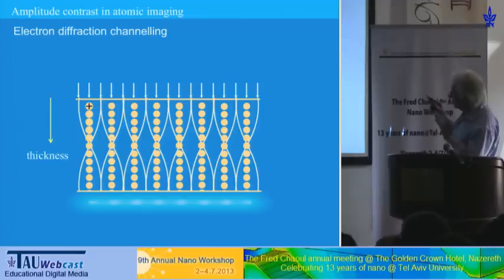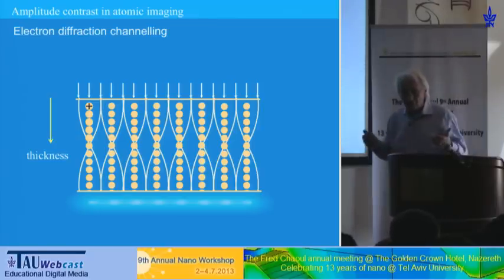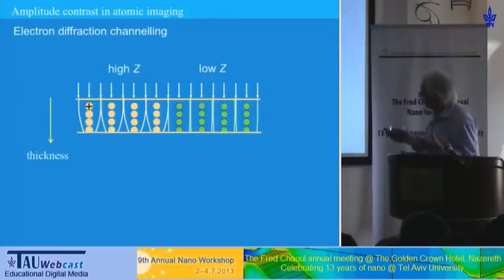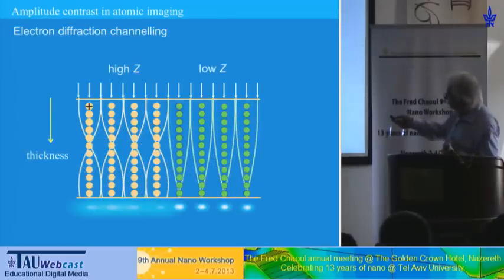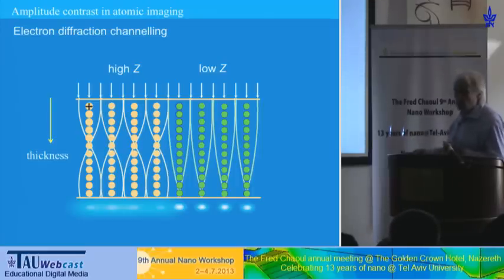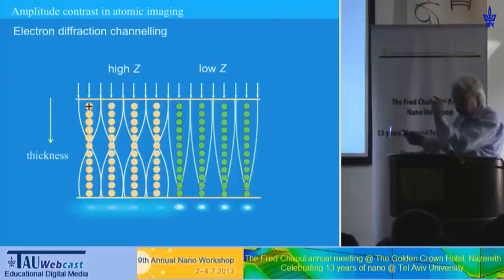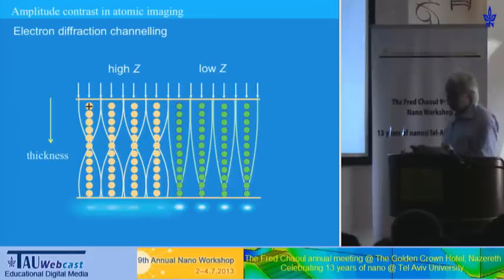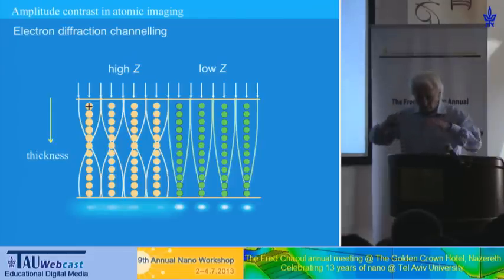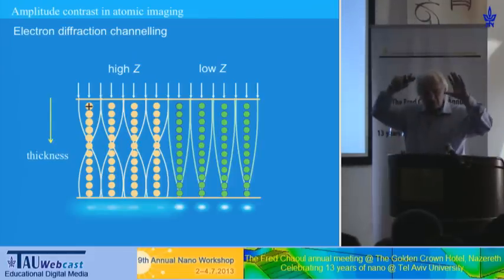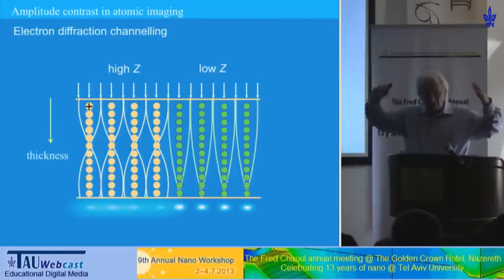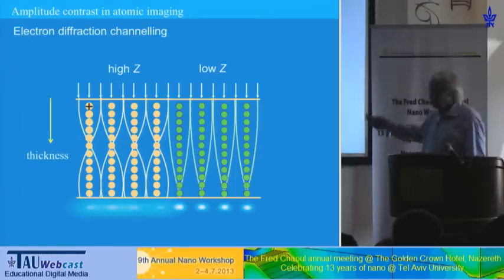Now, the solutions of the Schrödinger equation, of course, depend on the potential. So when I have two types of atoms, a high nuclear charge material and a low nuclear charge material, they behave differently. So these electrons here take a long time to get concentrated at the atomic positions, while these here are oscillating very fast. And this has the consequence that when you change the thickness in the sample, and you have the same structure, the contrast which you are observing is different because it depends on the nuclear charge of the atoms.